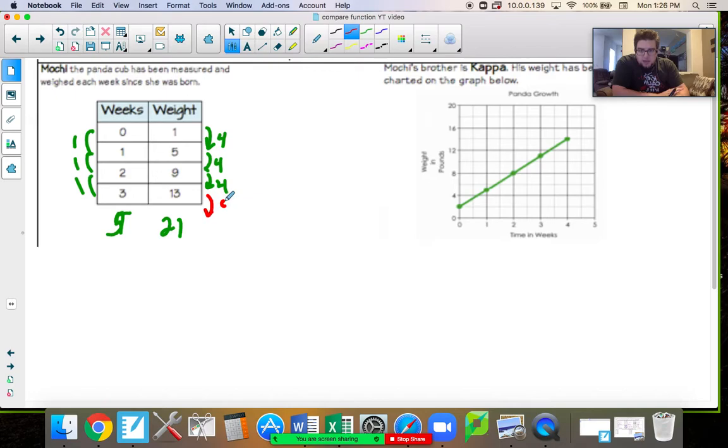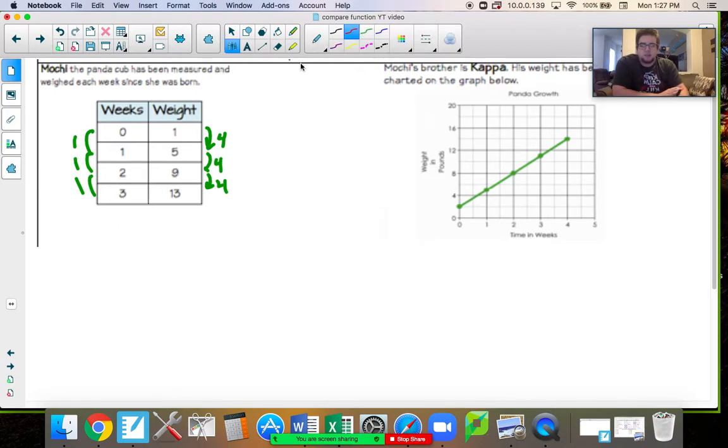That change of 8 is not enough to go, not linear, doesn't have a constant rate of change. Because if you look at the other side, change by 2. 4 over 1 is the same as 8 over 2. So you got to check all the rows, and you got to check both sides. All right. So it is linear.